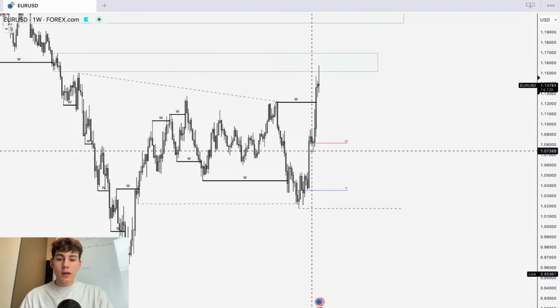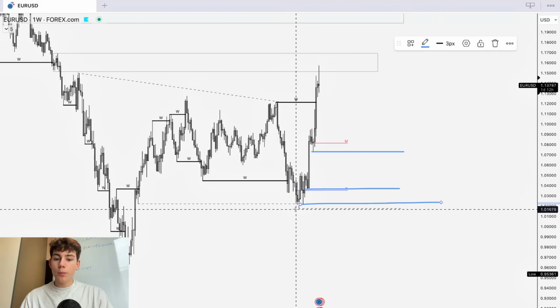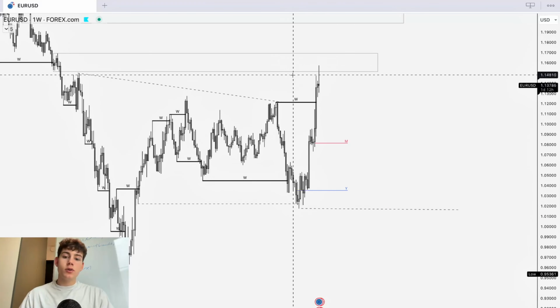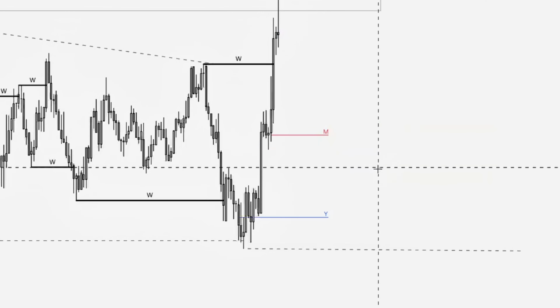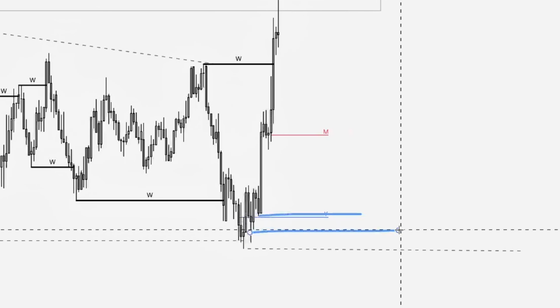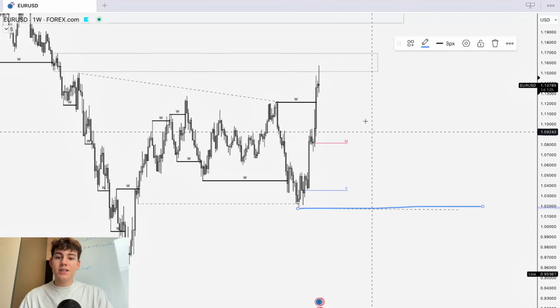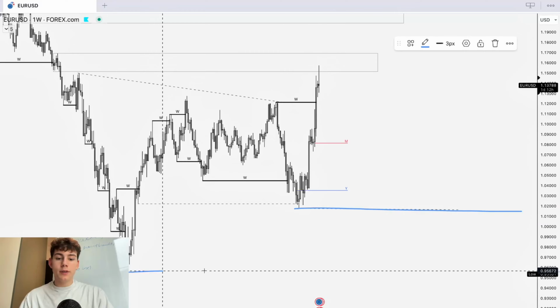So again, we have liquidity at all these points, but this is our major low and this is also major liquidity. So yes, from these liquidity points we could expect a reaction. That's true also from these liquidity points, but the hardest reaction is expected from major liquidity.